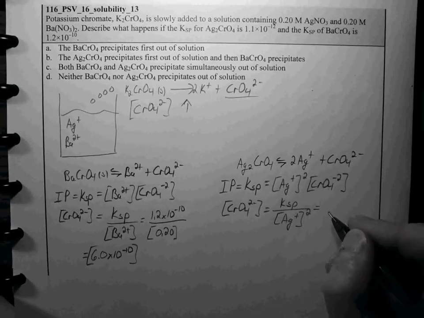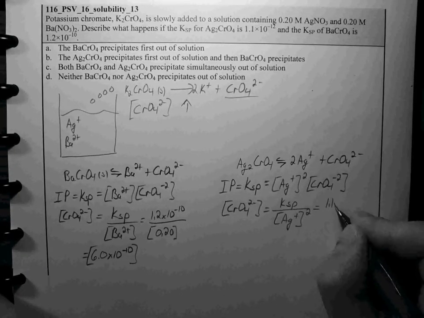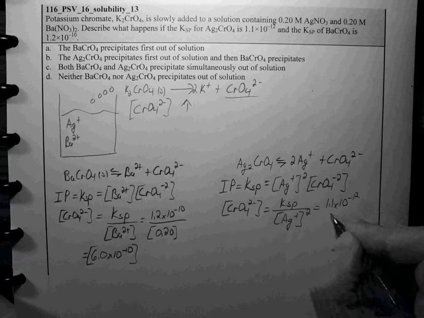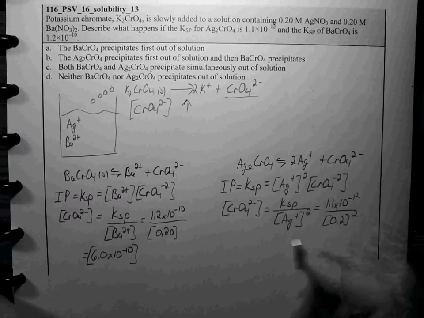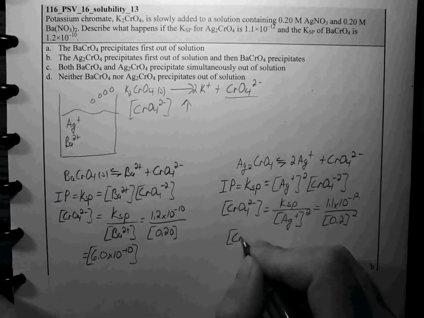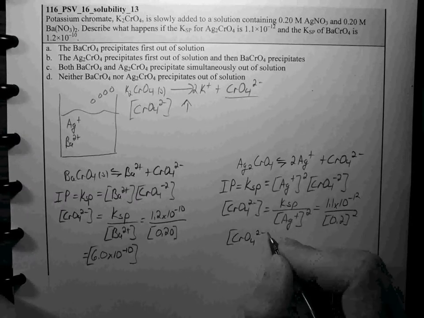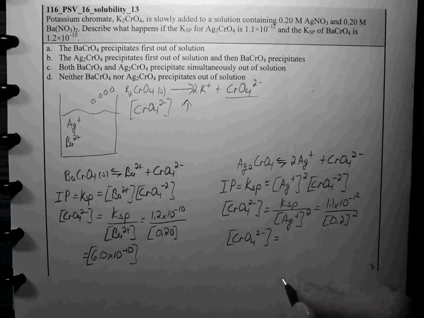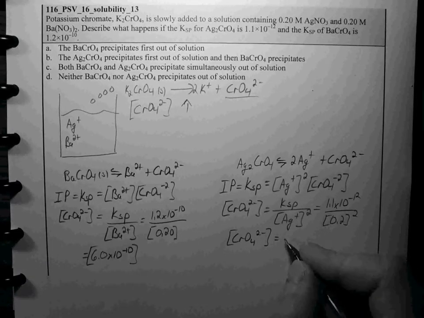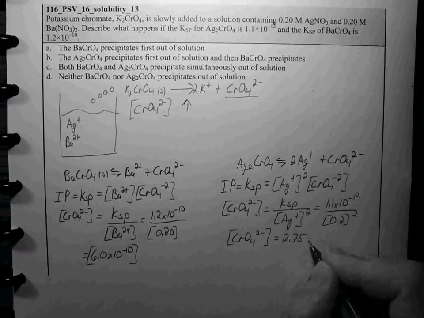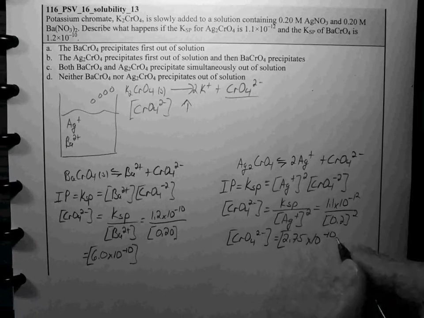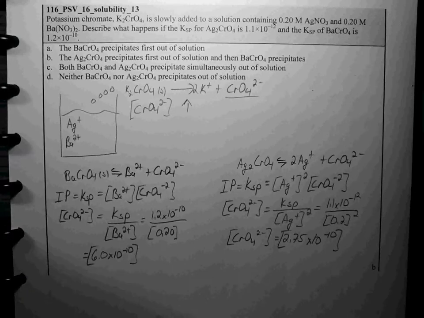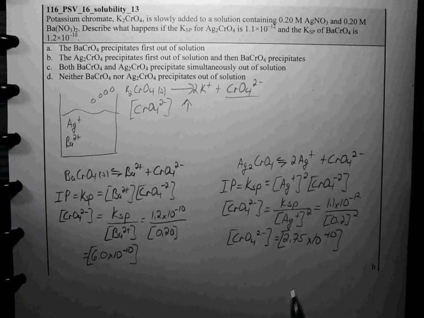So Ag plus is 1.1 times 10 minus 12, and we're divided by 0.2 squared. So the chromate ion concentration is going to be 2.75 times 10 to the minus 10 moles per liter when this just starts precipitating out.